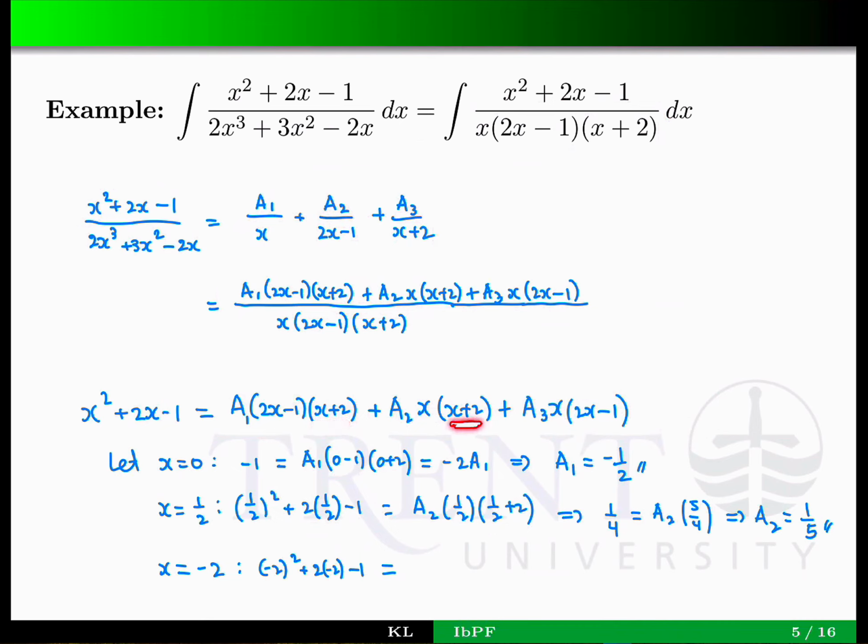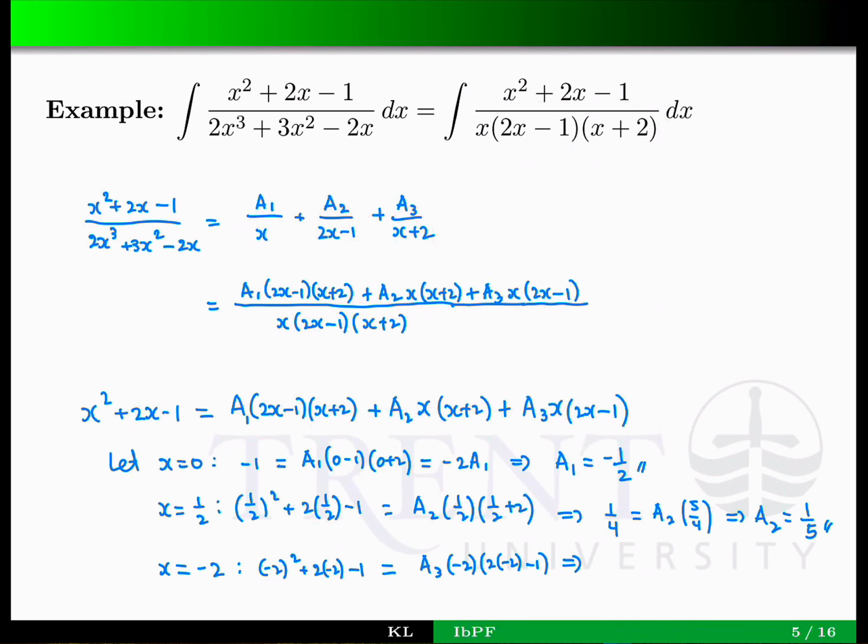And we will be left with a3 times -2 times 2 times -2 minus 1. And then this will give us what? This is -2 squared, that's +4. 2 times -2, that's -4. So 4 plus -4, that will be equal to 0.